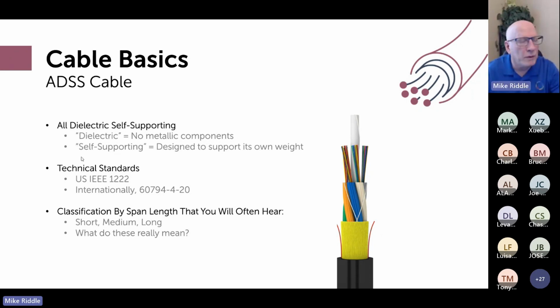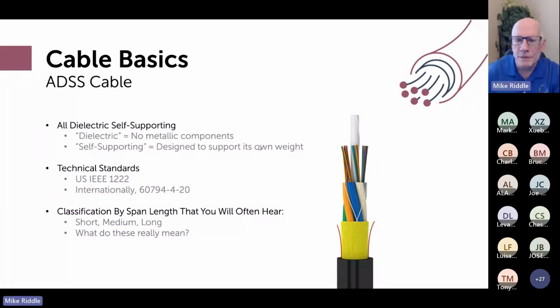And self-supporting is important because the cable is designed to support its own weight. So it hangs from the structures and it's supporting itself. It's important. As a practical matter, what this also means is that ADSS can be used underground as duct cable. It's not going to hurt anything. You could lash it too, for that matter.